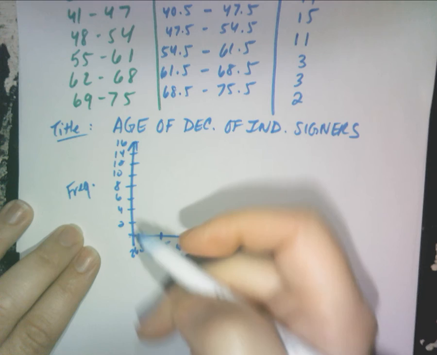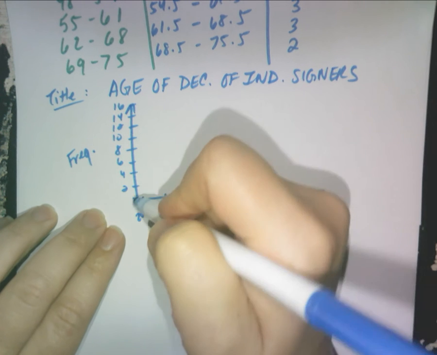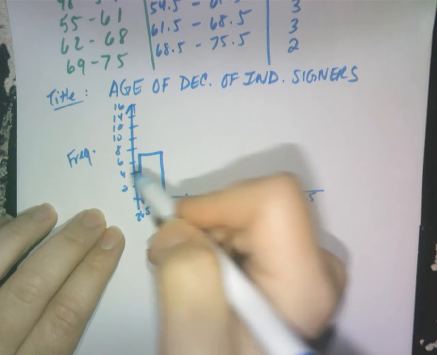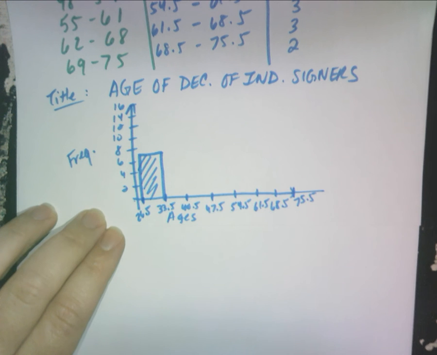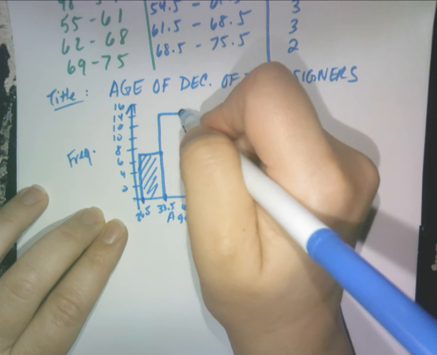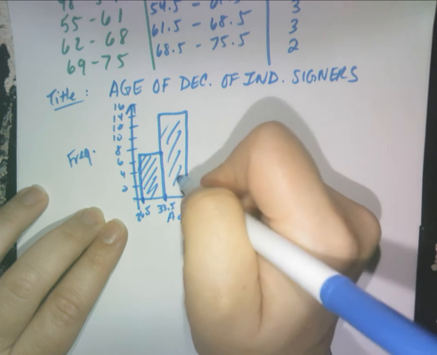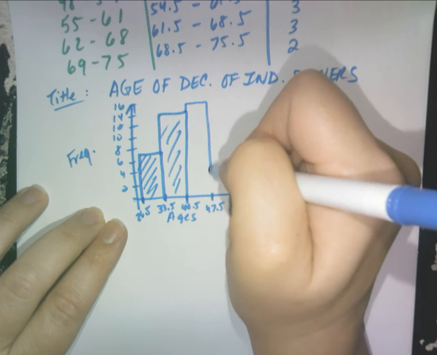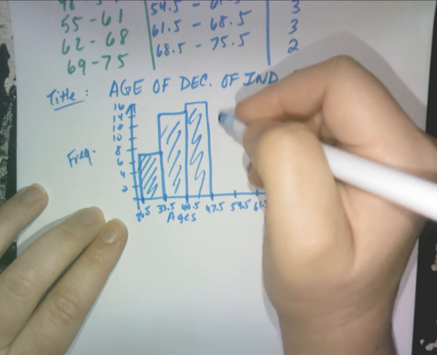All right, so now let's draw. The 26.5 to 33.5 has a frequency of 10. So you are going to go like this. And you can go all crazy and decorate it if you want to. Okay. And then this one is 14. Pretty. And then 15. And then 11.